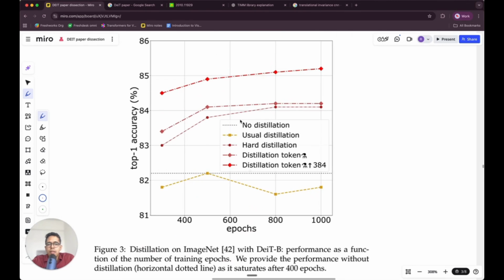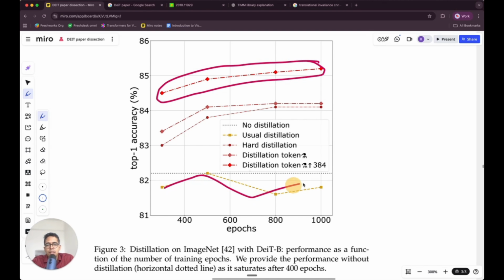So this is the one with distillation and fine tuning, and its accuracy has not saturated yet. On the other hand, if you do not have a distillation token, if you simply use a teacher network for creating soft labels for your classification token, its accuracy is something like this. There is no benefit of doing further epochs.